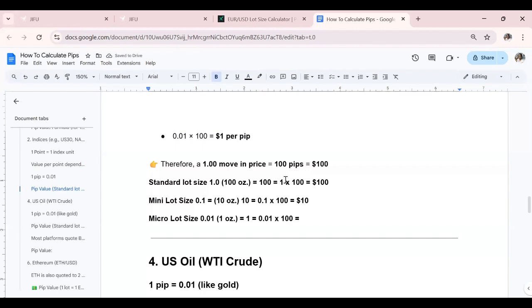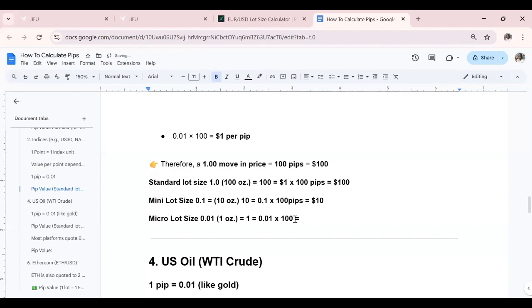This is actually $1 per pip. So it moved by 100 pips. That's why it's always good to label your calculation. So this is 0.1 times 100 because it's 100 pips.